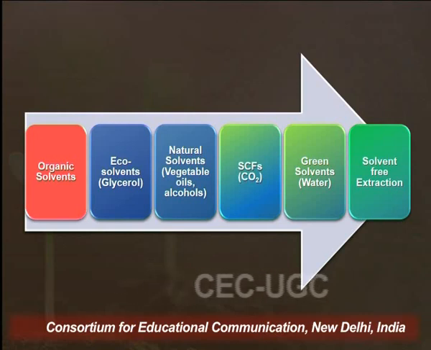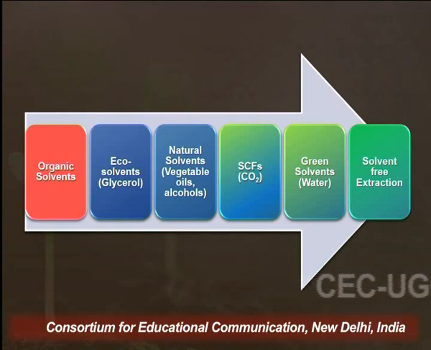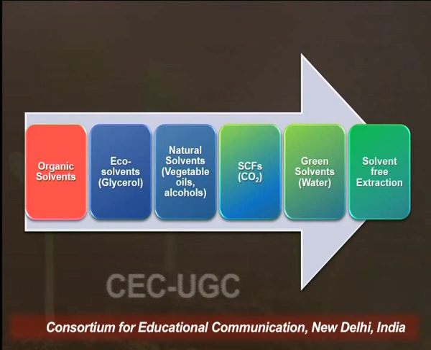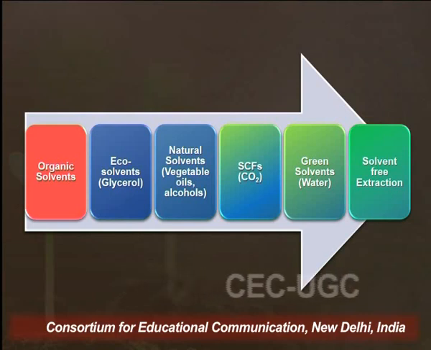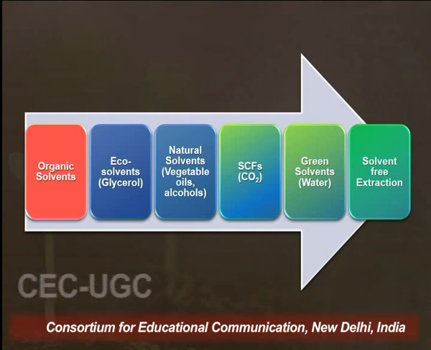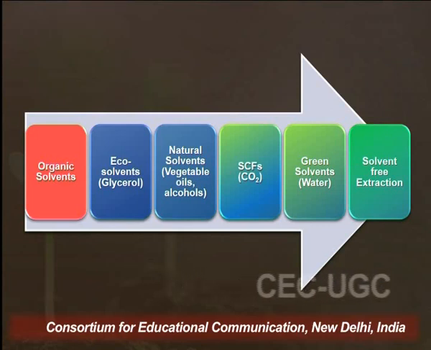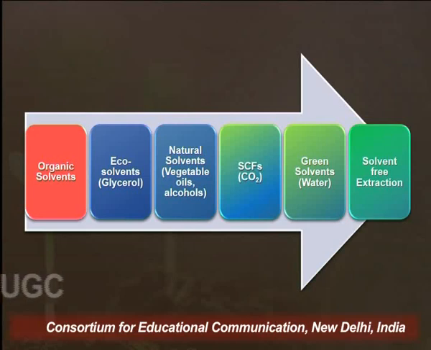We further improved the selection of the solvent by incorporating supercritical fluids, and this I'll talk about in detail when we discuss supercritical fluid extraction. But for example, carbon dioxide, which is a gaseous substance, we subjected to certain pressure and temperature conditions by which the properties of carbon dioxide change and it acts as a solvent.